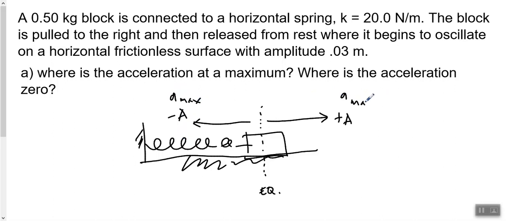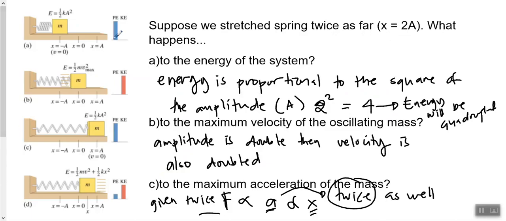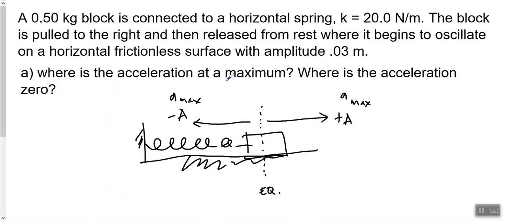If we look at the picture here, the acceleration is maximum here, and maximum here. Now, where is the acceleration 0? Acceleration 0 is at the equilibrium. Why? Because acceleration is directly proportional to the displacement. And we also saw that in our warm-up activity.